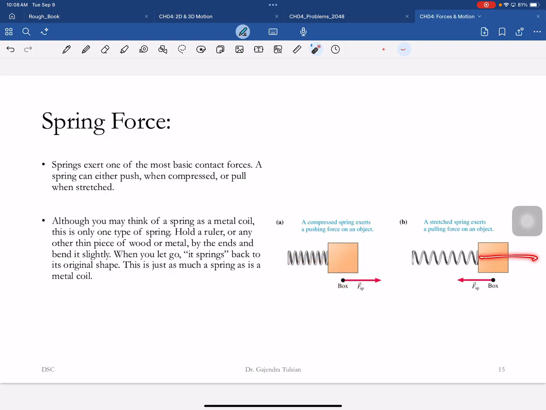If you stretch it, it'll pull you. Okay. And you see springs everywhere. So for instance, if I'm pushing down on this table, and I'll show you diagrams in a second, why is my hand not going through? The atoms, molecules are acting like springs, and they're pushing back on my hand. Okay.